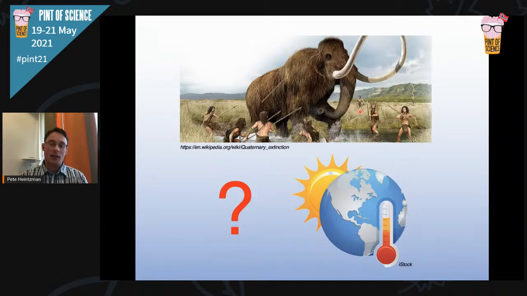The second key hypothesis is climate change. There were big swings in climate happening at this time, so it's really hard to disentangle these two causes. Potentially, it could be a really complex interplay between these causes that caused these extinctions.